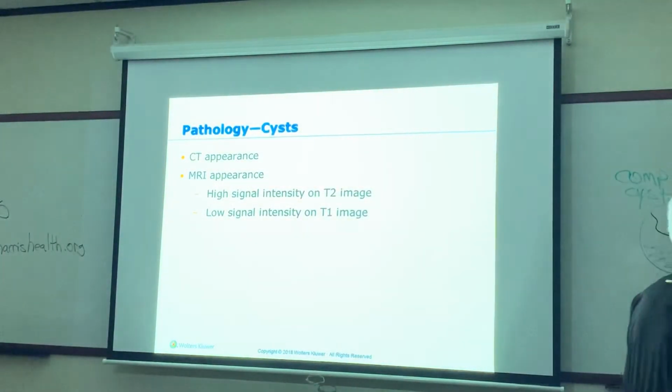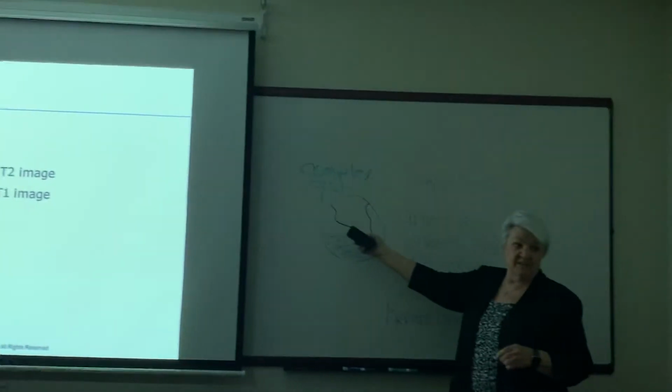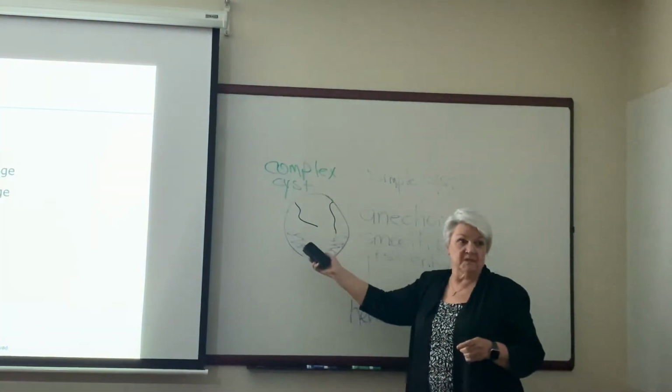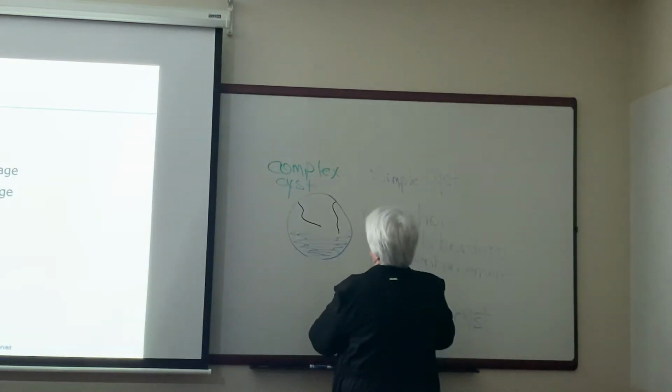Okay? Now, the older and more complex this is, this goes away. Because this could even get calcifications in it. And if it has calcifications, what does it do? Say I have a calcification here.